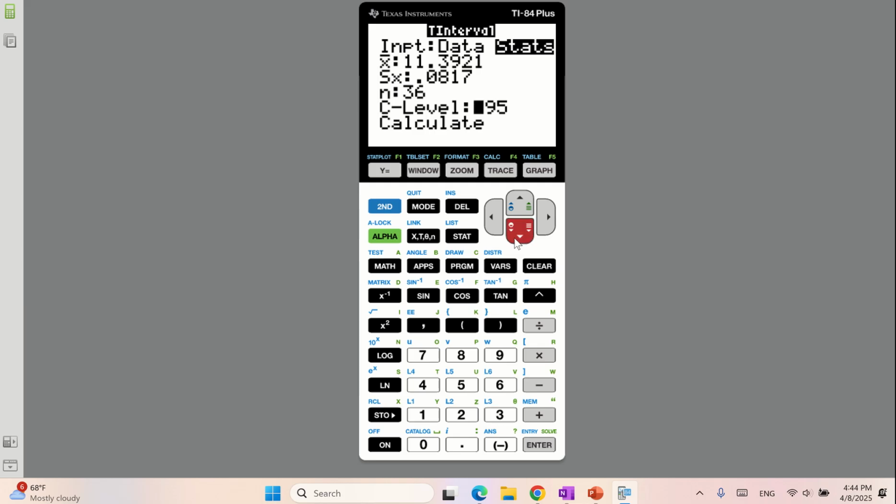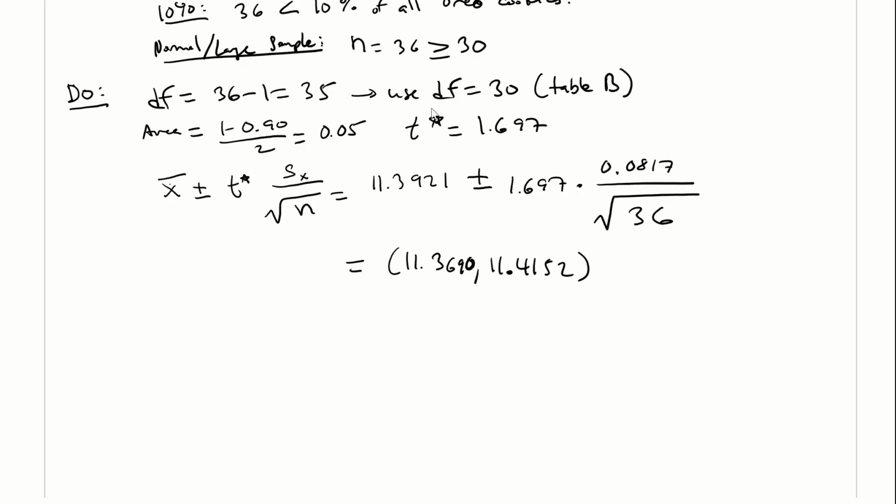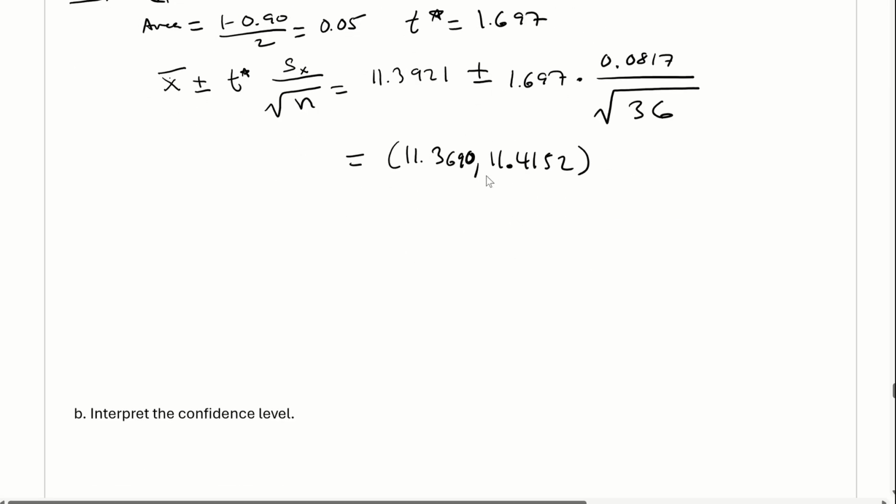The confidence level was 90%, so let's change that to 0.90. And then we can calculate that, and you can see 11.369 and 11.415. That is pretty close to what we got earlier. So that's what we got with technology, which is very close to what we got by hand.